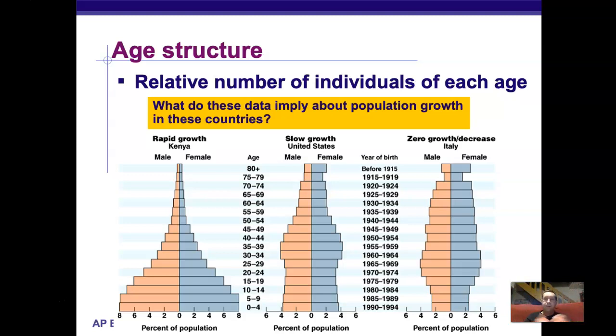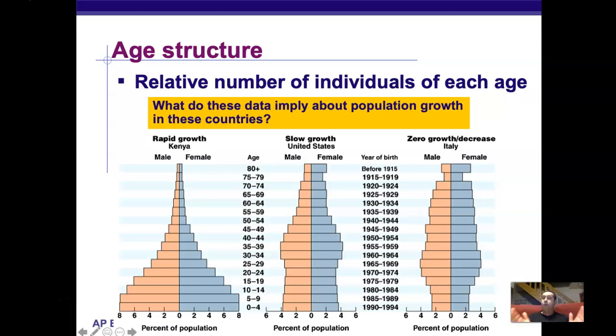Slow growth, it's fairly constant until you get into the older ages, and then the numbers obviously decrease as you get older. But again, you've got some individuals in the reproductive state where they're still kind of growing slowly. And then zero growth or a decrease like Italy, you have a much more narrow base.